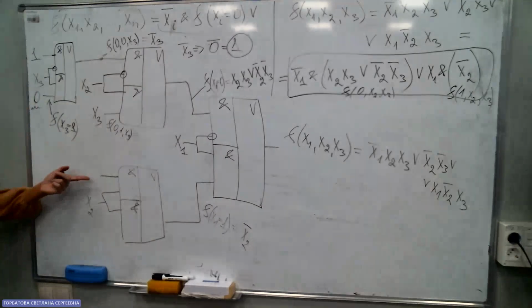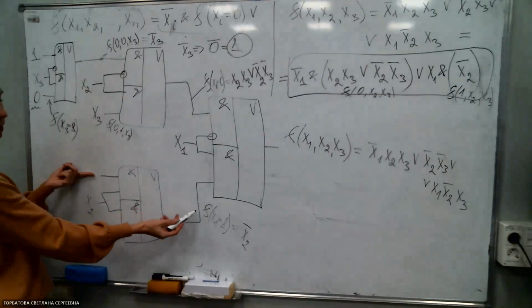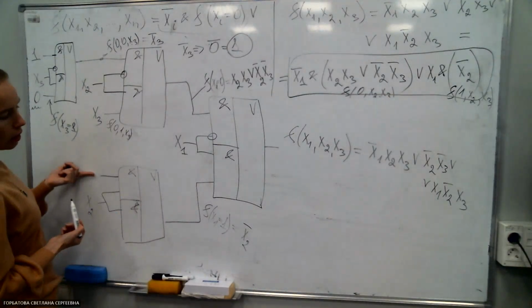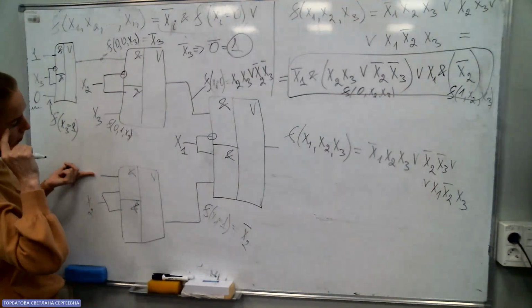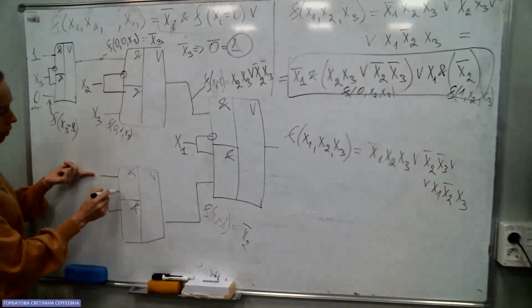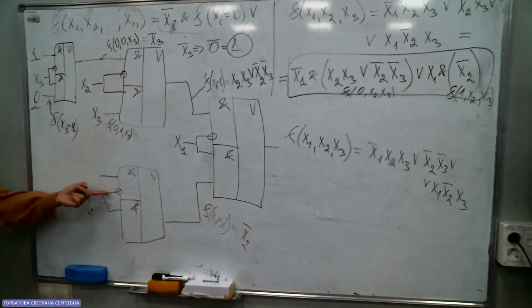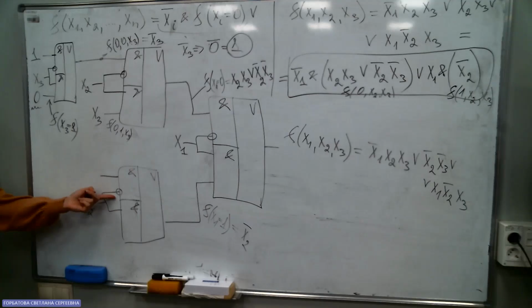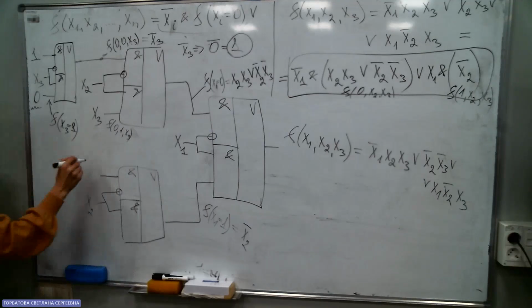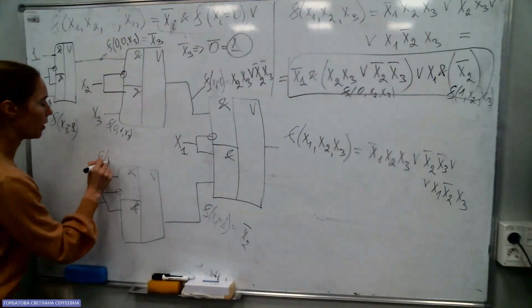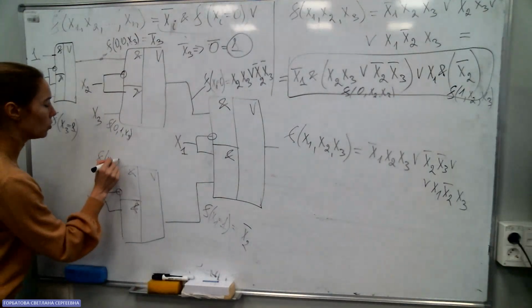Here must be function f, where x2 equals to 1. Not 0, it's 2, it is 0. Yes, here f, 0, where x2 equals to 0.